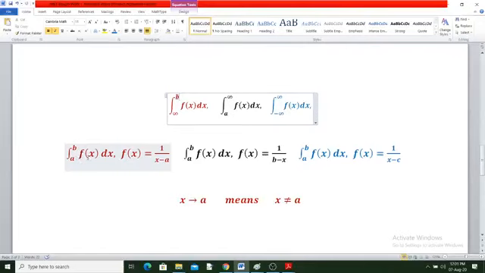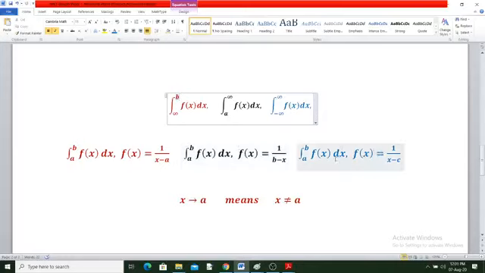Similarly, when your function f of x is infinity at the lower limit, for example f of x equals 1 over x minus a, you see, when we put x equals a here, this function becomes infinity. So this is called improper integral of second kind and first type. And when your function is infinity at the upper limit b, then such an integral is called improper integral of second kind and second type.